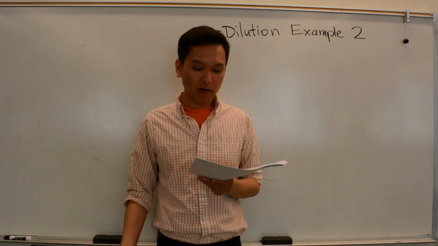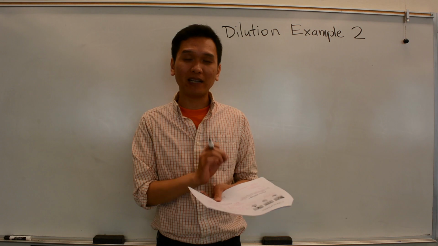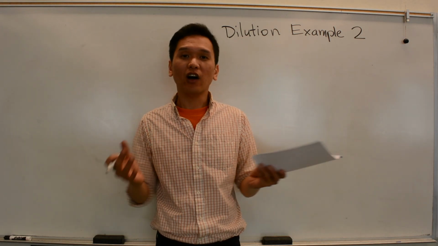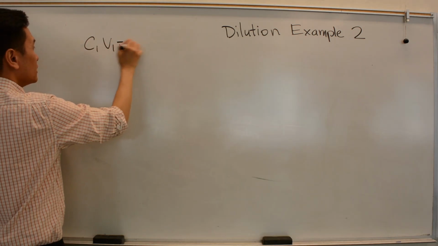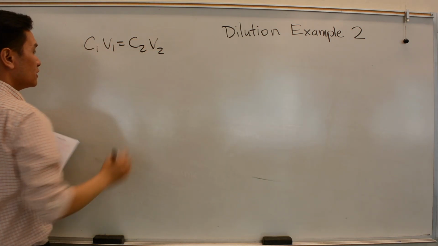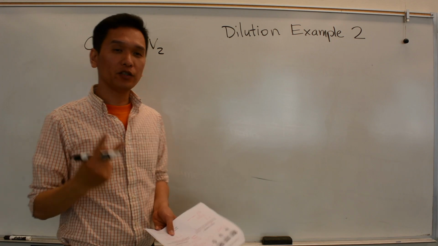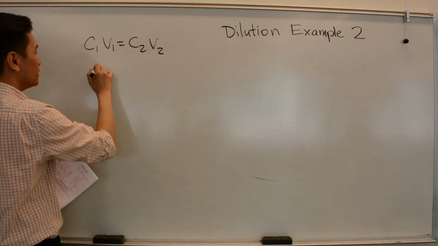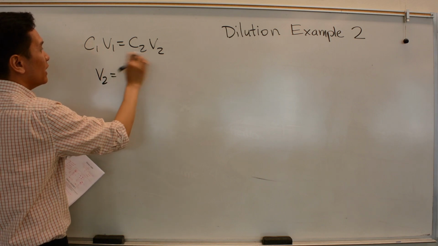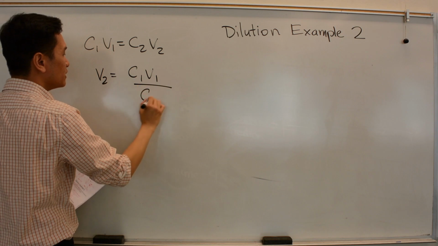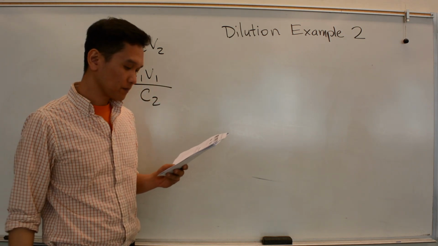The question is, if I want to make a 2% solution by diluting that initial concentration, how much volume can I make? So what is it that we're solving for? We're solving for V2, right? So to solve for V2, we divide both sides by C2. So C1 V1 divided by C2.